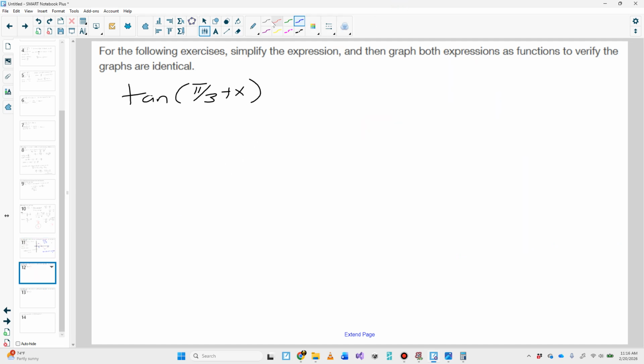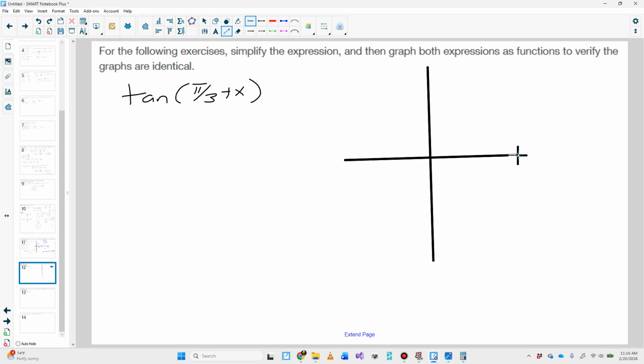This is tan, so we're going to need to draw a graph again. But this time we can draw the graph a little bit more evenly, since our periods are going to be more along those lines. Still in blue, I don't know why it's in blue.